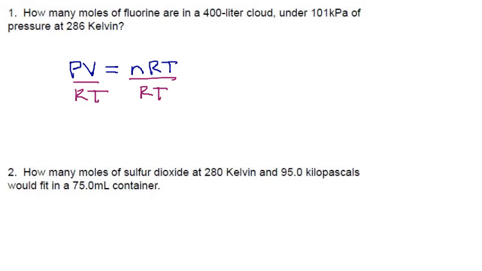and then you get the form that we're going to be using for these few examples, which is that the number of moles of a gas equals its pressure times its volume divided by the ideal gas constant and also divided by its temperature. Now, the units for these gases are a little finicky.